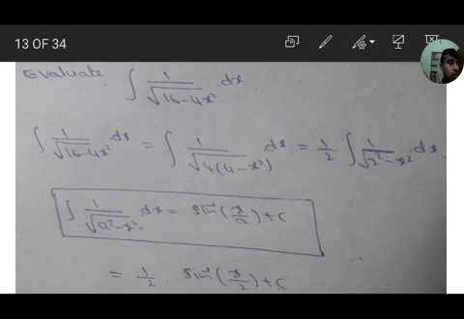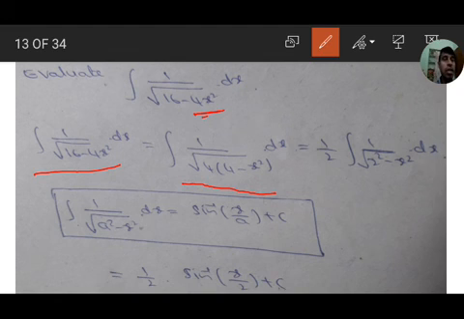Evaluate integration 1 by square root of 16 minus 4x square dx. Here the x square coefficient is 4, so we have to take 4 common. Integration 1 by square root of 16 minus 4x square dx equal to integration of 1 by square root of 4 common: 4 into 4 is 16, and 4x square, 4 common means 4 minus x square.